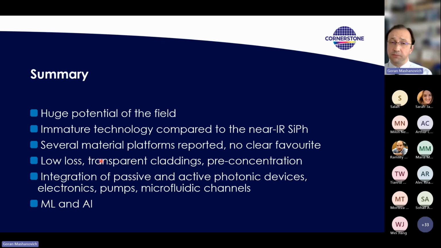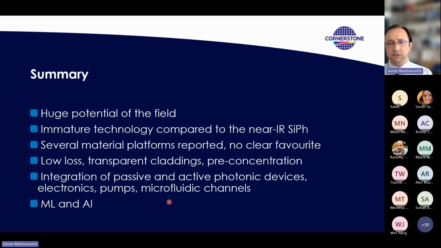We also need to do a bit more work on transparent claddings. So if we want to open these sensing windows, what materials can we use? Are they resistant to some chemicals and so on? And we can also, in some cases, need to deal with pre-concentration, so to increase the concentration of certain analytes.